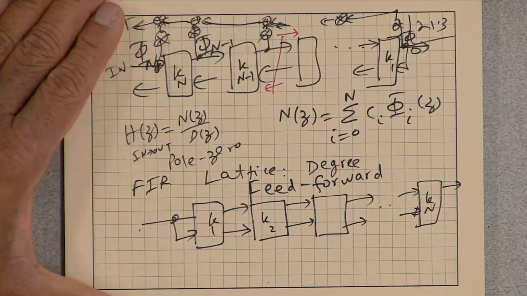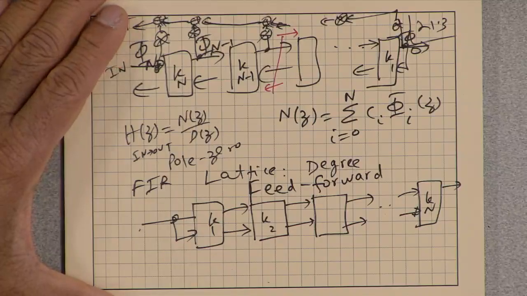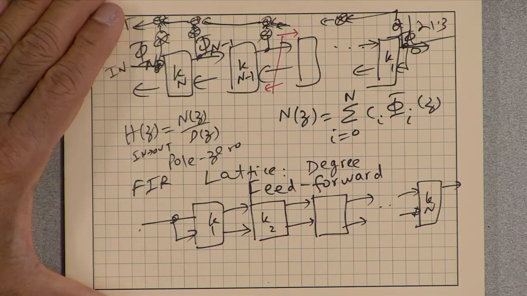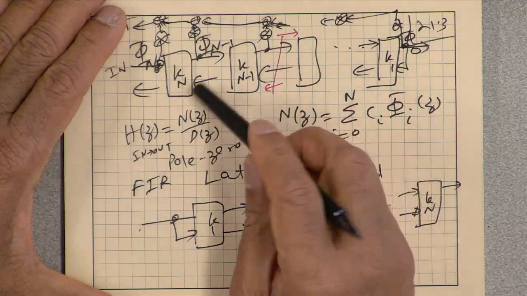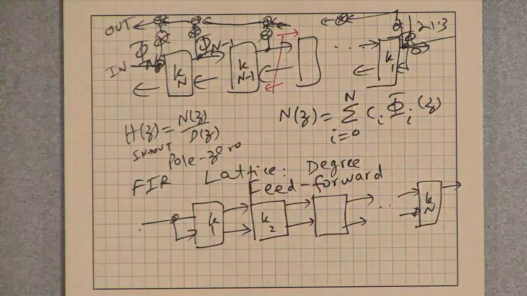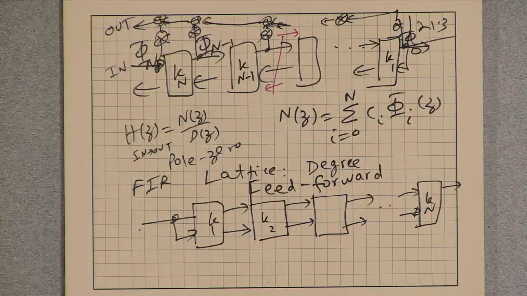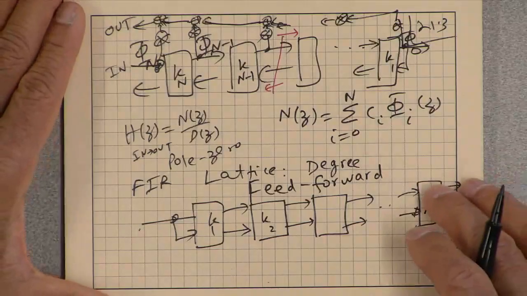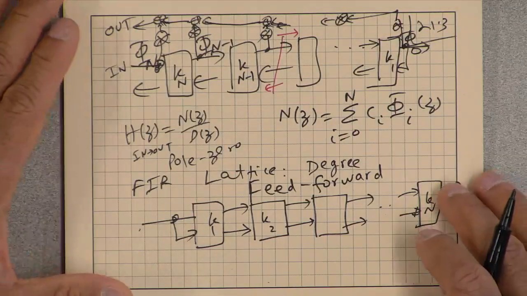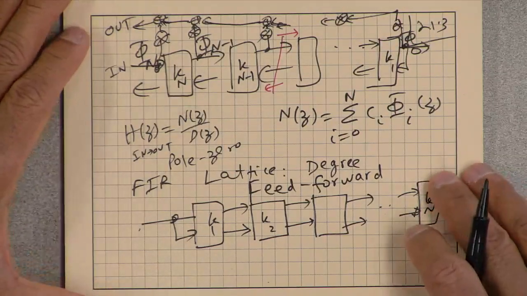As you can see, there is no feedback loop because data are all moving forward. Okay, as opposed to the IIR lattice where some data are going forward and some data are going backward. So every cut set will be a feedback cut set here.